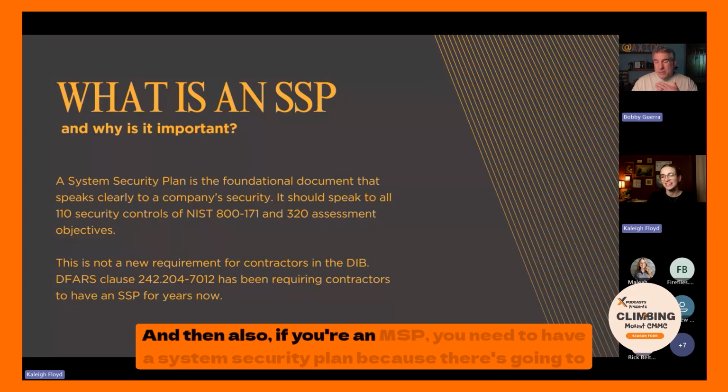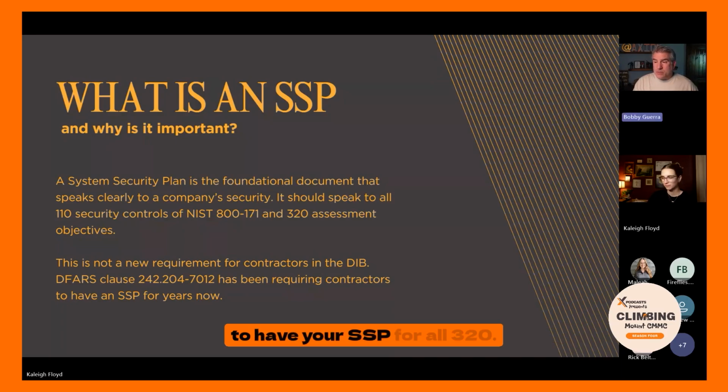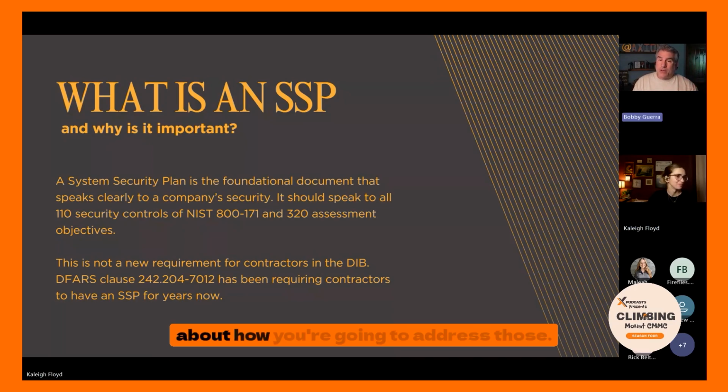Also, if you're an MSP, you need to have a system security plan, because there are situations where, let's say you don't have your level 2 audit, you still need to have your SSP for all 320. You need to have a plan that's built, because the auditor is going to want to ask you questions about how you're going to address those.